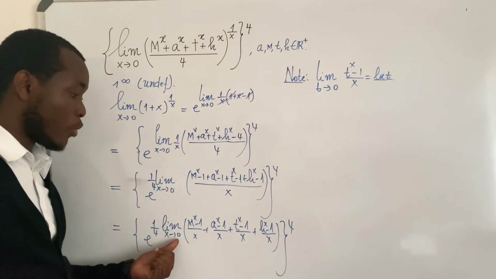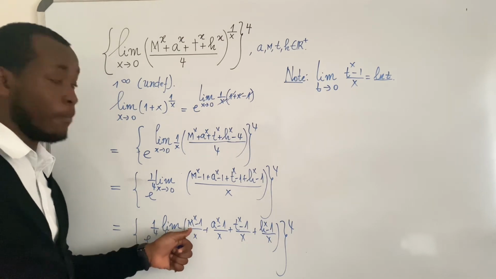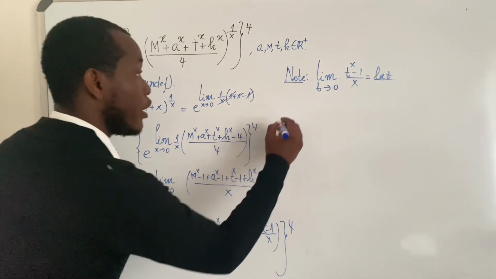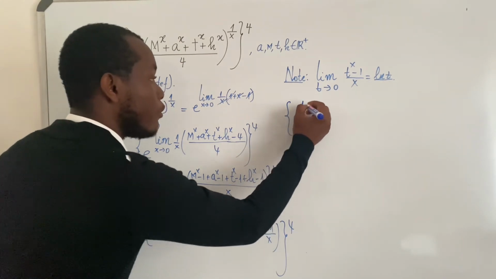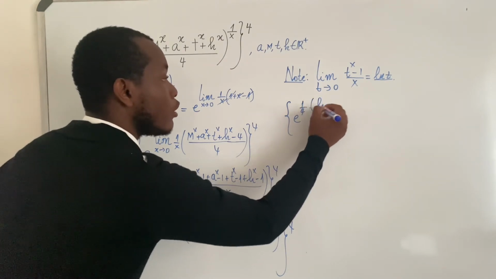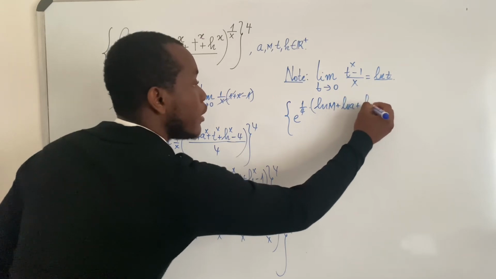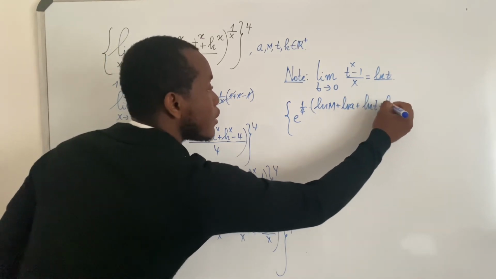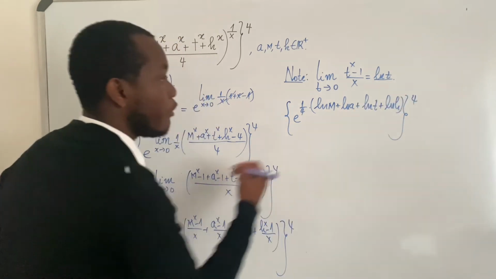Since x approaches 0, that means this will result in ln of the base m. So that means we're going to have Euler to the power 1 over 4 times ln of m plus ln a plus ln t plus ln h, all that to the power 4.